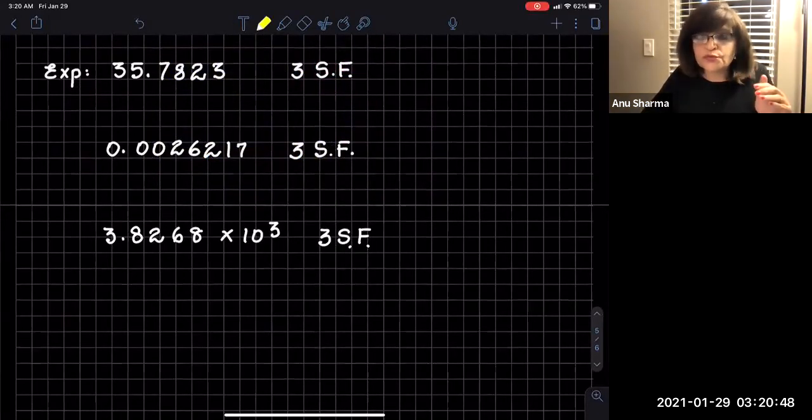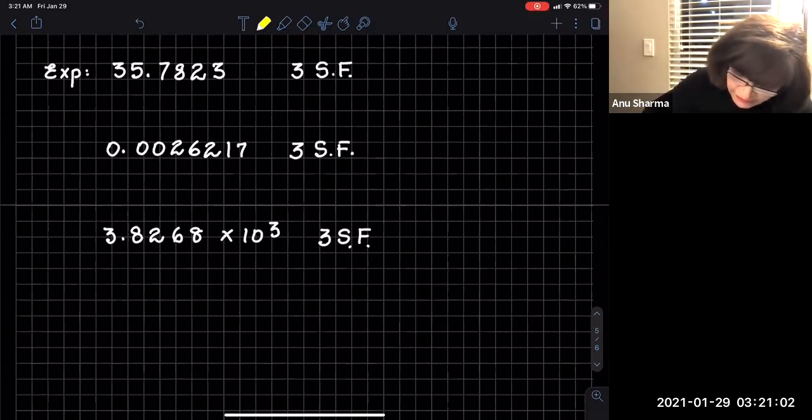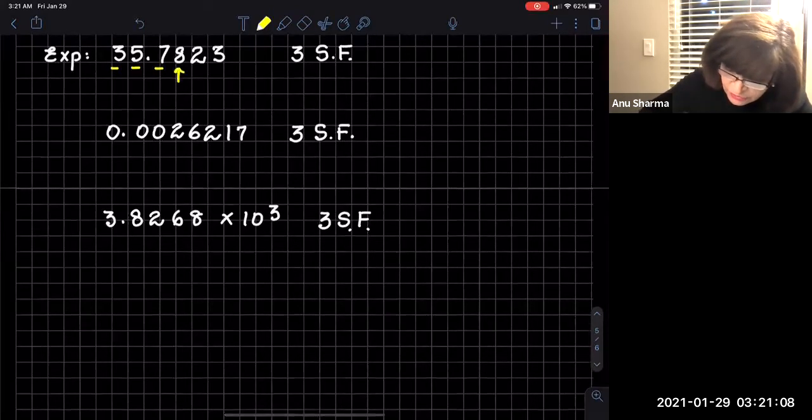Those are the rules that relate to addition, subtraction, multiplication and division using significant figures. That is for later, but right now we want 3 significant figures. That means we want this, this, and this, and these numbers are going to be dropped off.